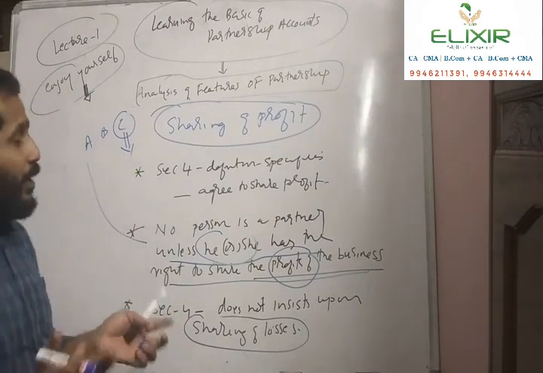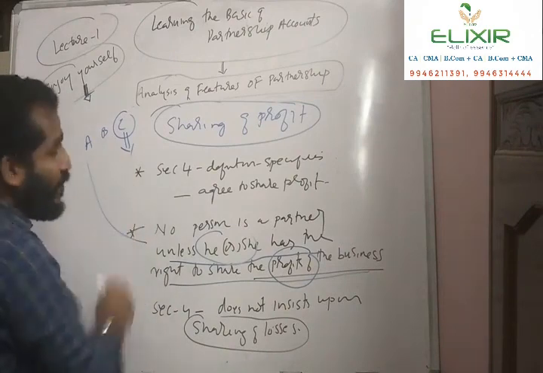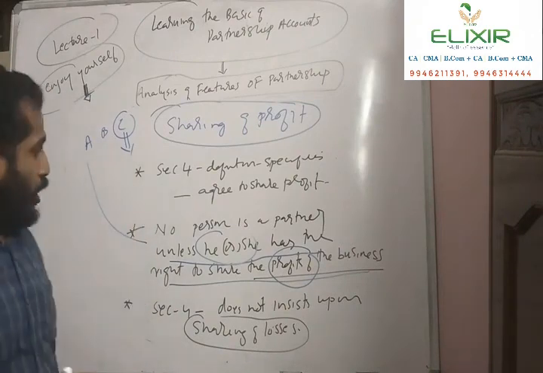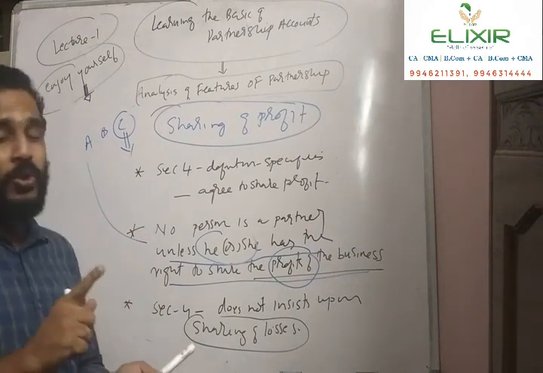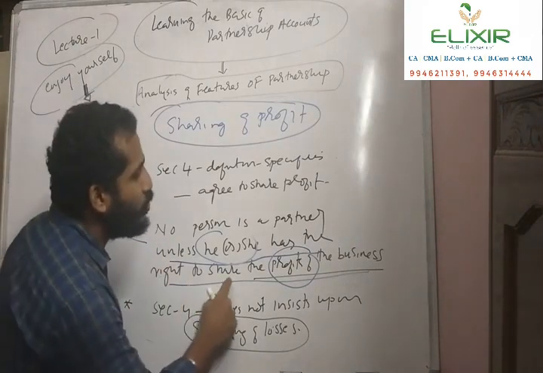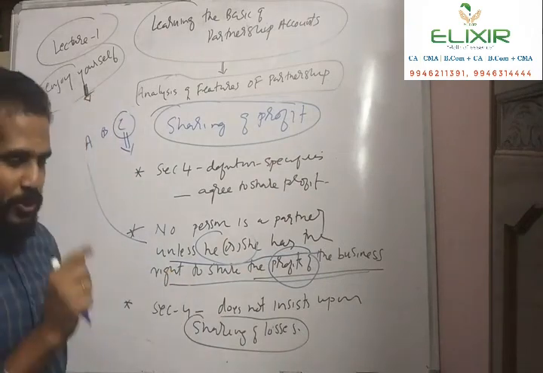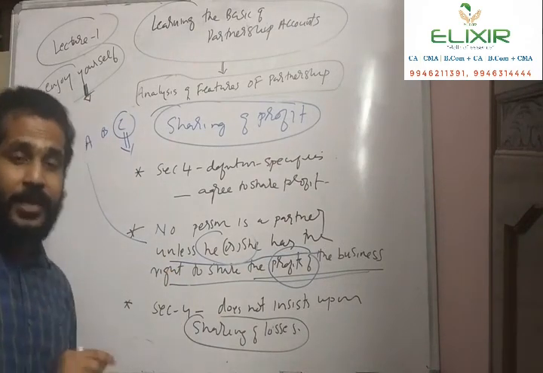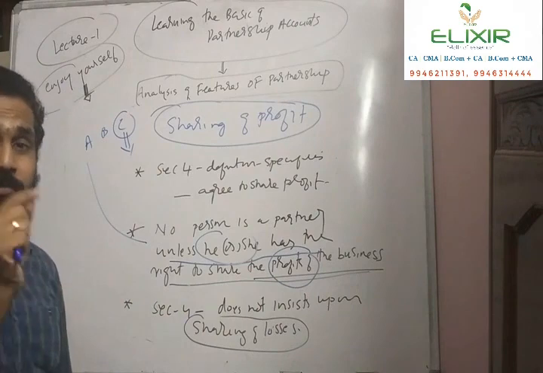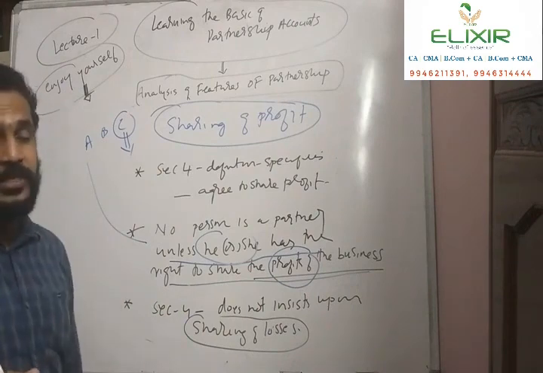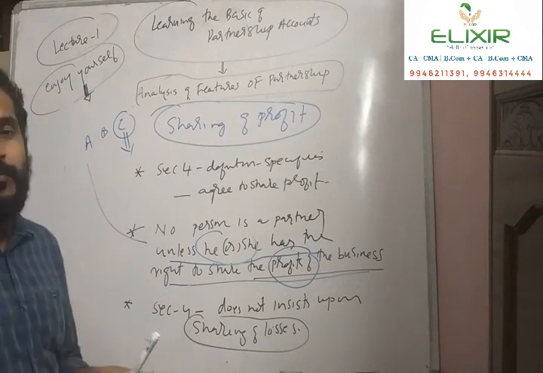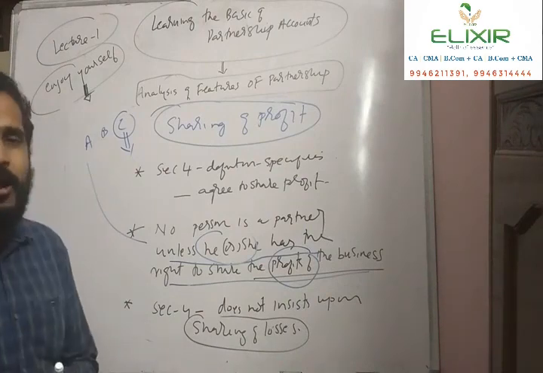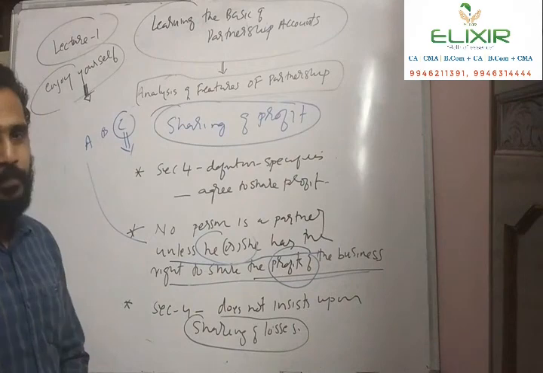He can only be determined as an investor, not as a partner. So listen, no person is a partner unless he or she has the right to share profits of the business. As per the definition, partners must agree to share profit of the business. If there is no concept of profit sharing, there is no concept of partnership. The person cannot be treated as partner.